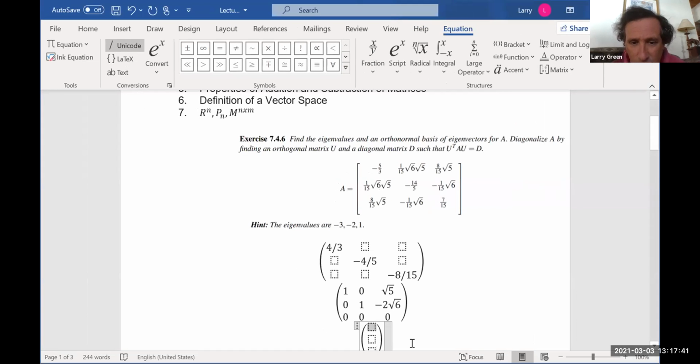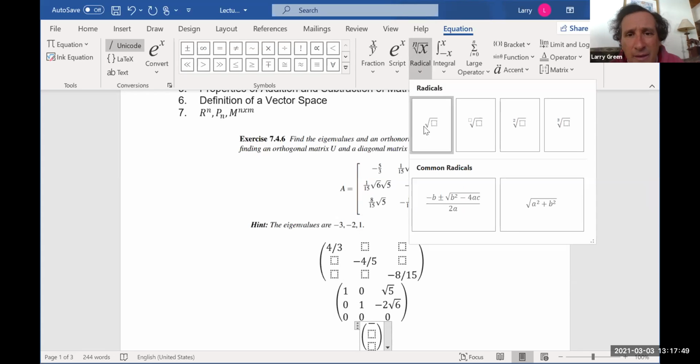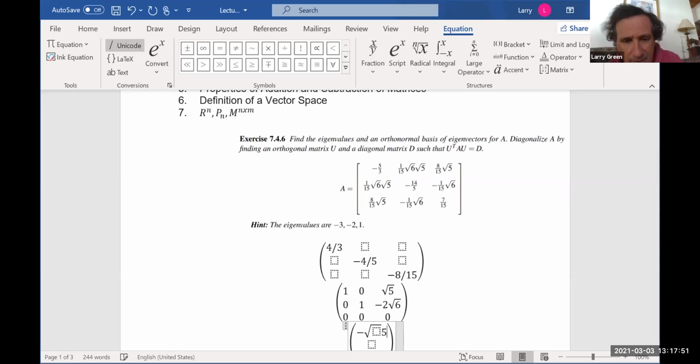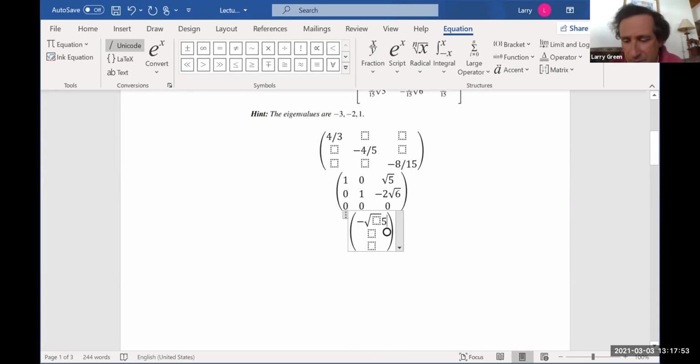So if Z is 1, then that means you get negative root 5. Oops. We get 2 root 6.